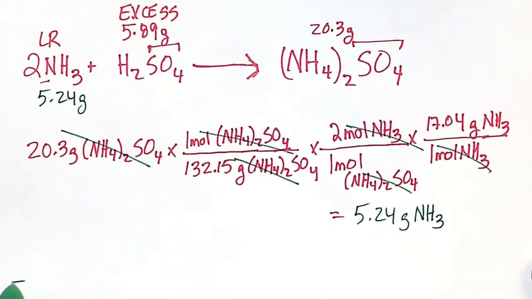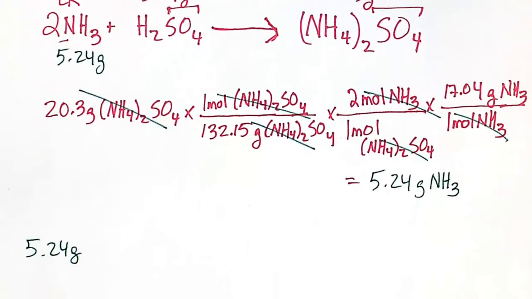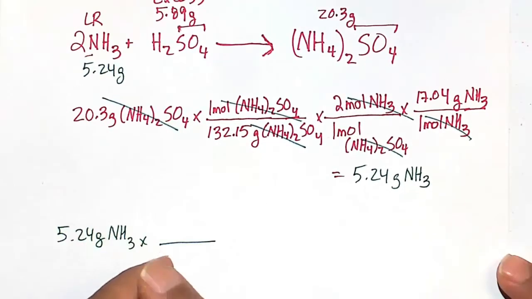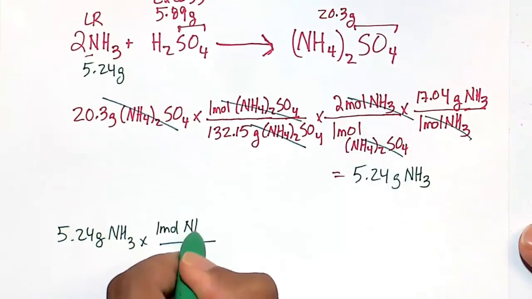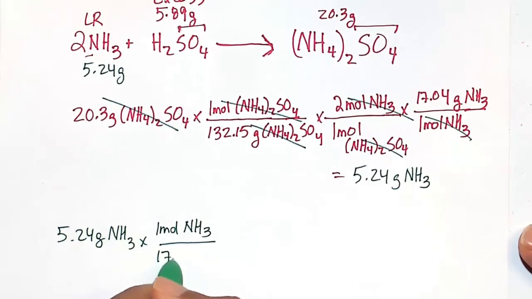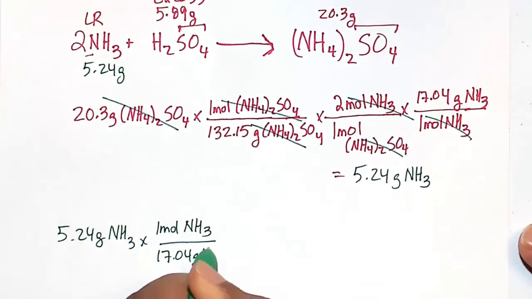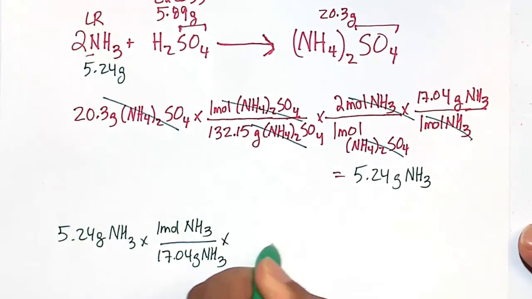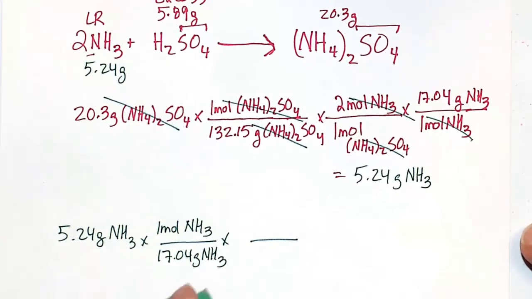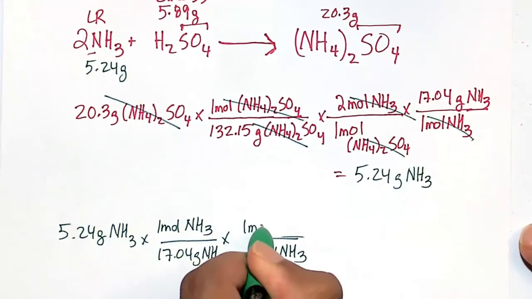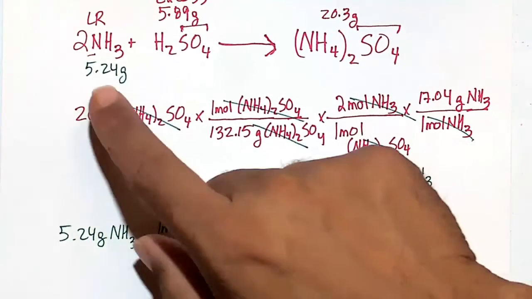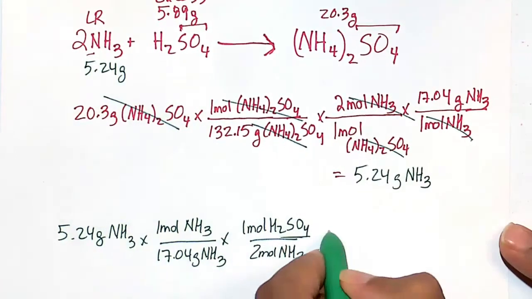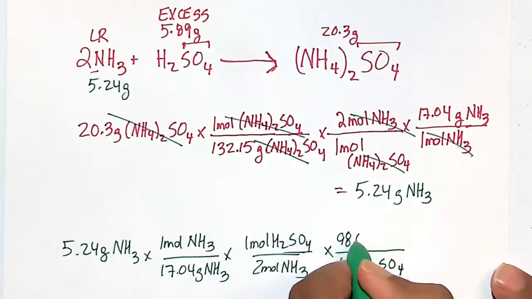So we'll calculate that, starting out with our limiting. 5.24 grams of NH3 times, we're going to go a little bit reverse here, 1 mole of NH3, kind of backtracking, about 17.04 grams of NH3. All right, we know that for every 2 moles of NH3, there's 1 mole of H2SO4. Okay, that's a 2-to-1 relationship, getting about 98.07 grams.